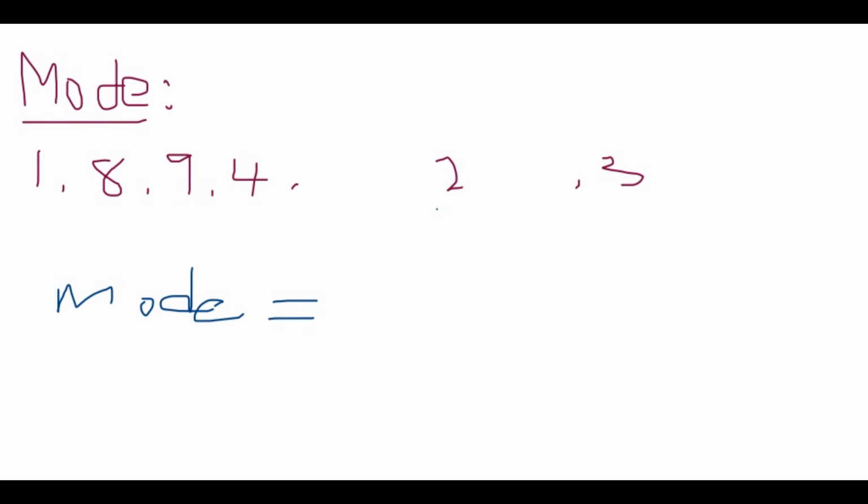Since the numbers are non-repeating, there is no repeating number, this means that the mode does not exist, meaning there is no mode. So I want you to take note of this.